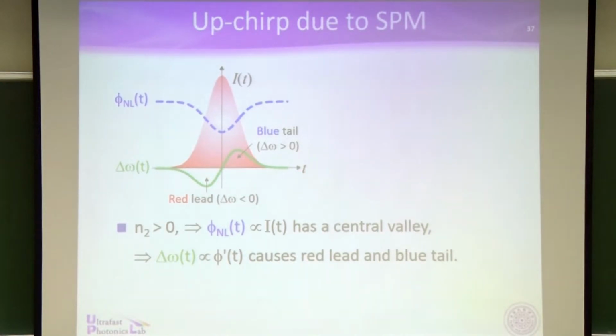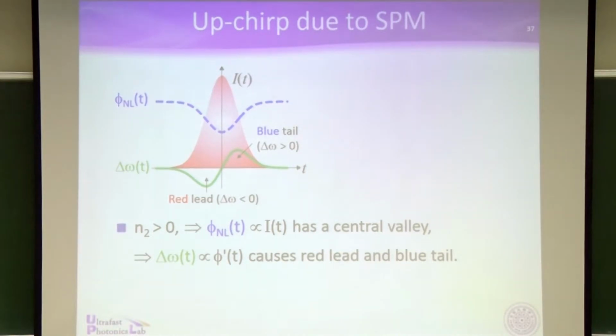The blue curve's slope is 0. So you have 0 frequency shift at the beginning and at the middle, and for the same reason at the post tail, you will have 0 frequency shift. So roughly you can draw the frequency shift function like the green curve, okay?